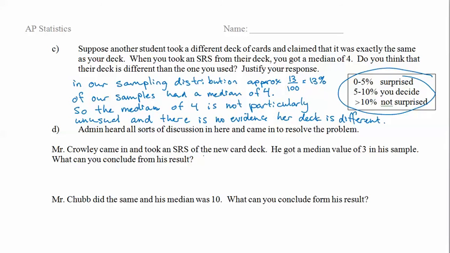Once again, from our distribution, only 5 out of 100, so we can read that right off the histogram, or 5% of our samples, so in only 5% of our samples we saw a result this small.